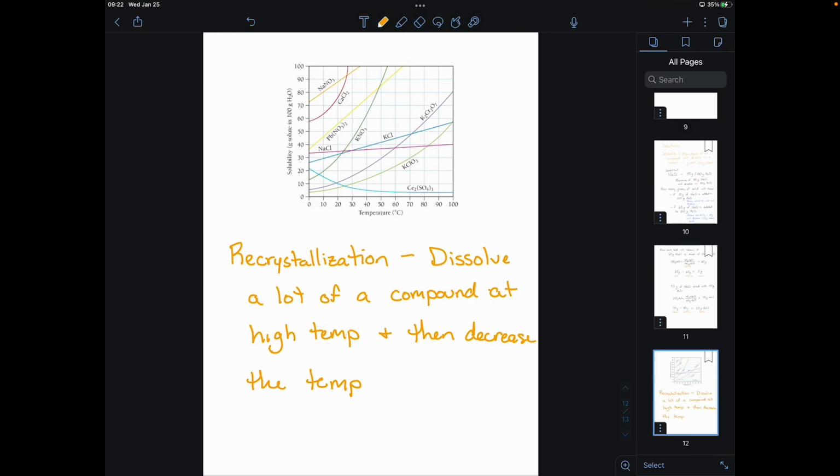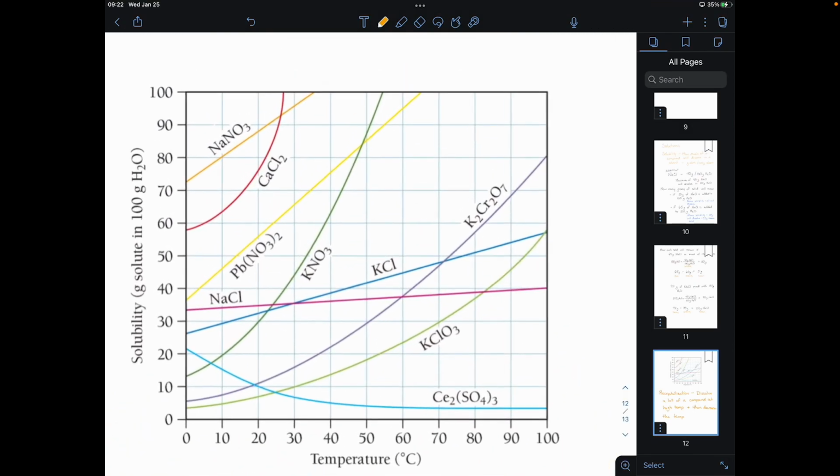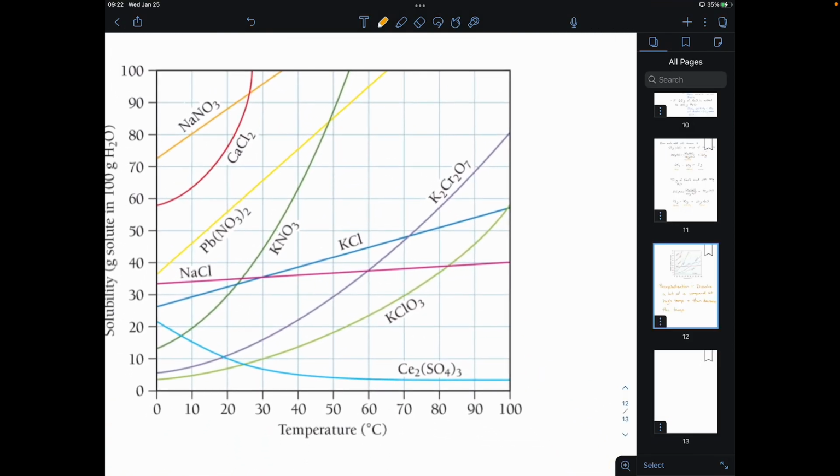All right, so what's going to happen if I take this curve here and I dissolve 70 grams of this potassium dichromate at 90 degrees Celsius, and then all of a sudden I drop the temperature down to 30 degrees Celsius? What's going to end up happening?